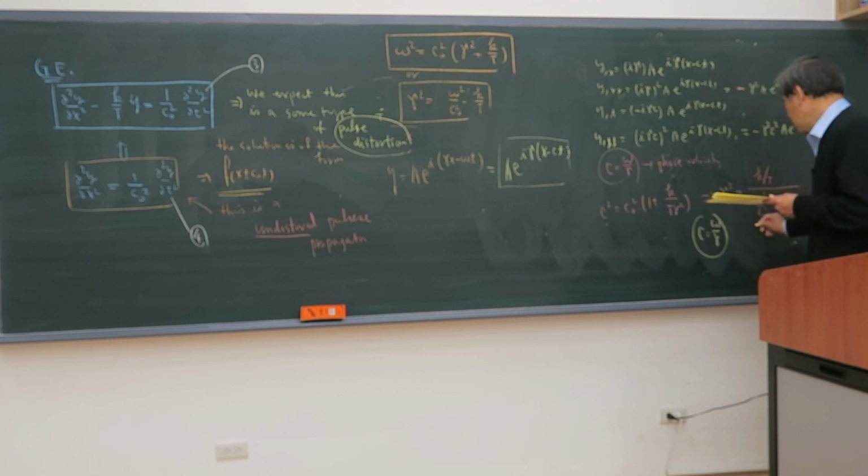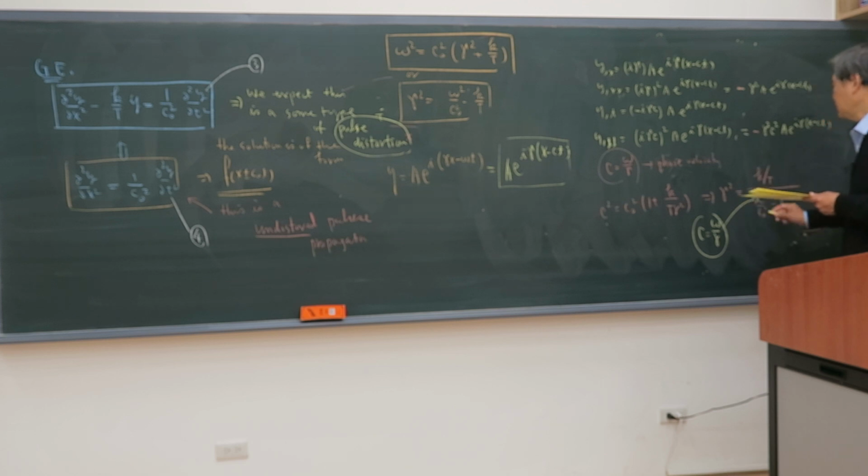This relationship you put into here, and you can further get γ² equal to (ω² − K c0²/T)/c0², or ω² equal to (KT/...) c²/((c/c0)² − 1).